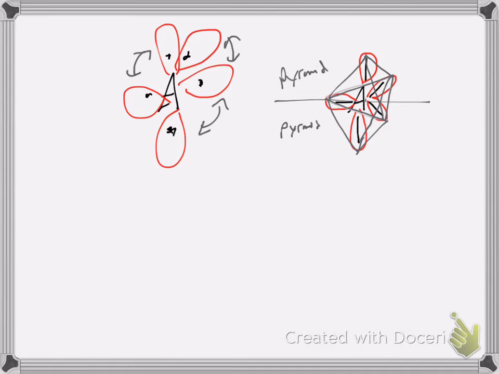So when we have 5 electron domains, we are in a trigonal bipyramidal geometry. Trigonal, bi as in 2, pyramid as in pyramidal. So that's really cool. Now what happens if we have 6?